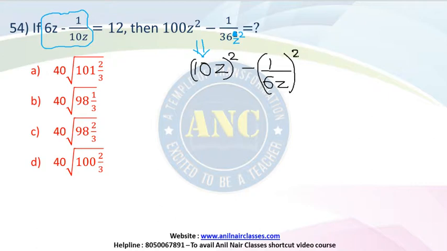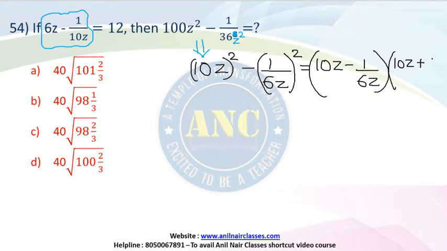That means this question and the previous question are more or less the same. Can I say that x square minus y square is nothing but (x minus y) into (x plus y), that is, (10z minus 1 by 6z) into (10z plus 1 by 6z)? This is what we are finding, right?